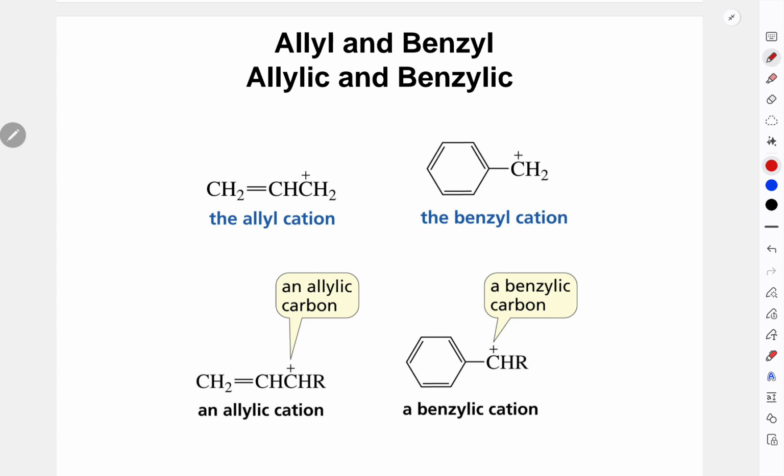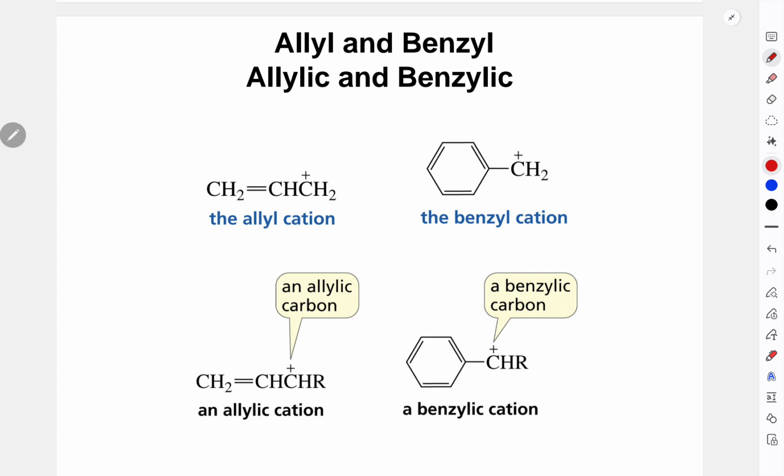And since this can be occupied by the pi electrons from the neighboring side, you can draw the resonance structures or resonance contributors. So this positive charge can get stabilized really well from the movement of the pi electrons next to it, the double bond and also the benzene, okay?